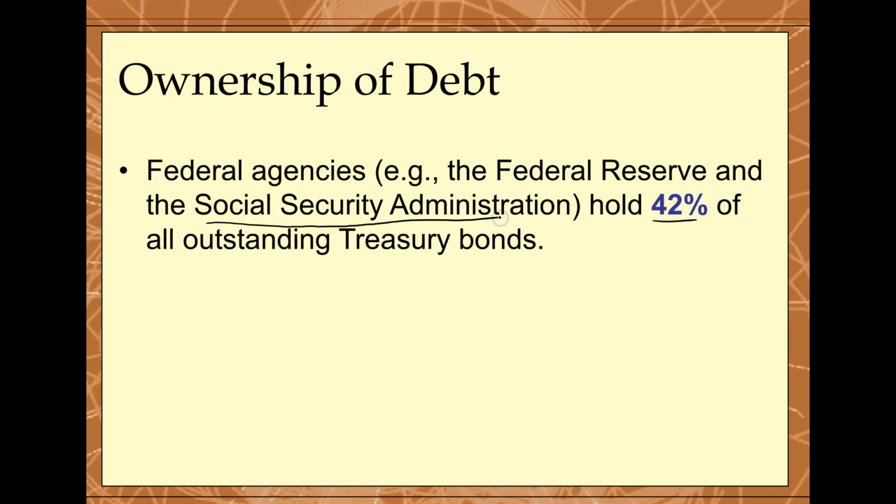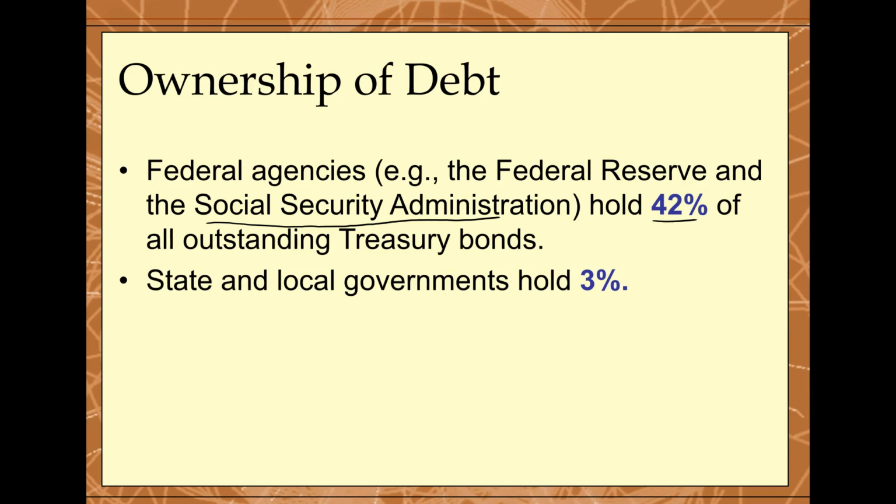Social Security has run a budget surplus for quite some time. Now, it's not going to keep that surplus in the form of cash. So what it does is it takes that surplus of dollars and it simply invests it in treasury bonds. So it's a weird way of saying that the government owes money to the government.